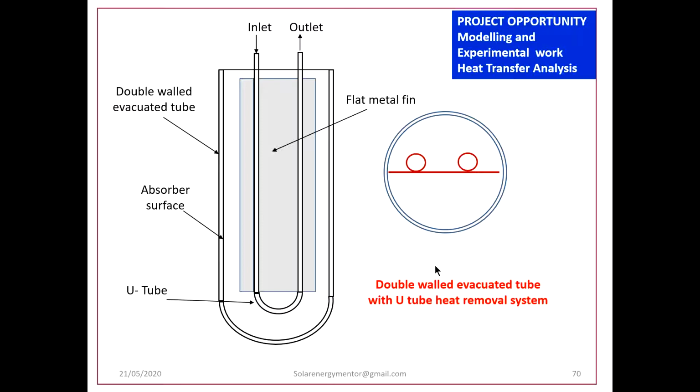But in all types of evacuated tube collectors, the temperature may go to 90 or even above 90 degrees Celsius. So in these type of collectors, sometimes you get low temperature steam of 110, 120 degrees Celsius.